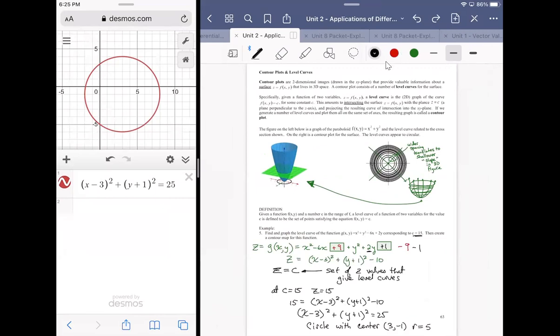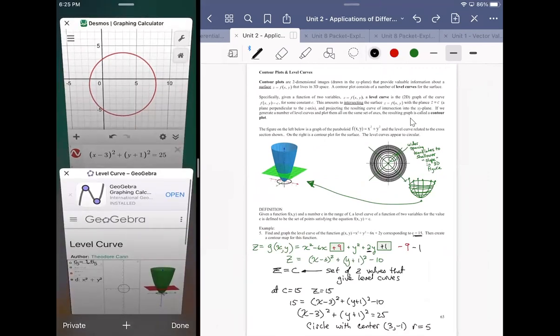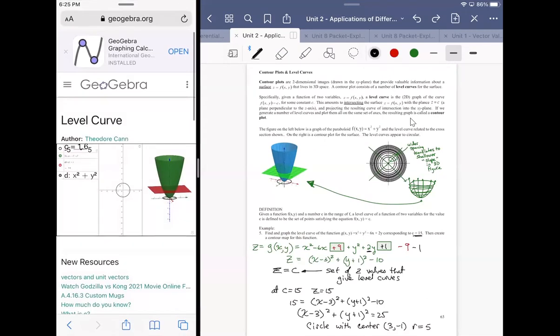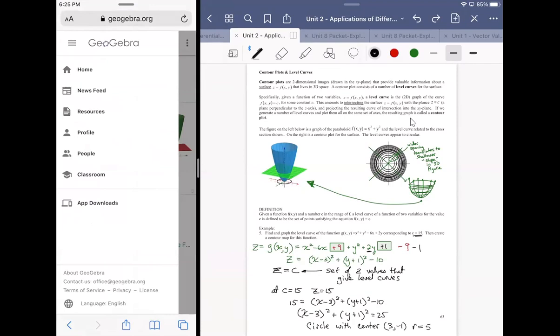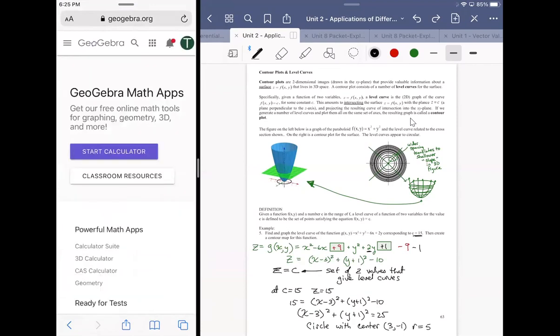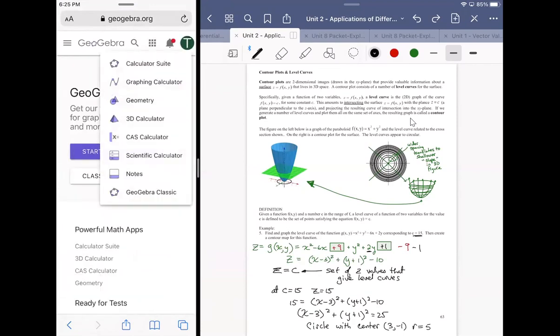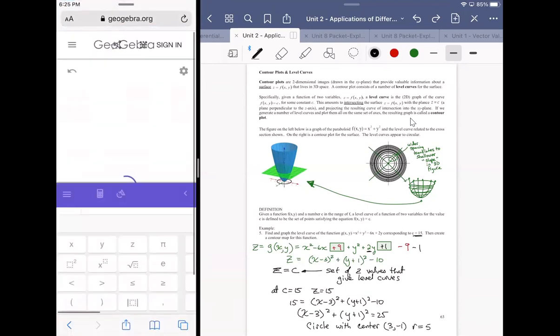Now, what we can do is take a look at GeoGebra and see what this whole thing looks like. Let me do a quick, I'll hit the waffle. 3D.